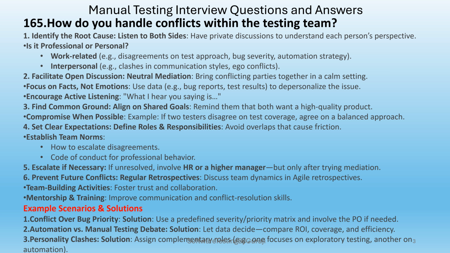Fourth, set clear expectations. Define roles and responsibilities. Avoid overlaps that cause friction. Establish team norms, how to escalate disagreements, and a code of conduct for personal behavior. Fifth, escalate if necessary. If unresolved, involve HR or a higher manager, but only after trying mediation.